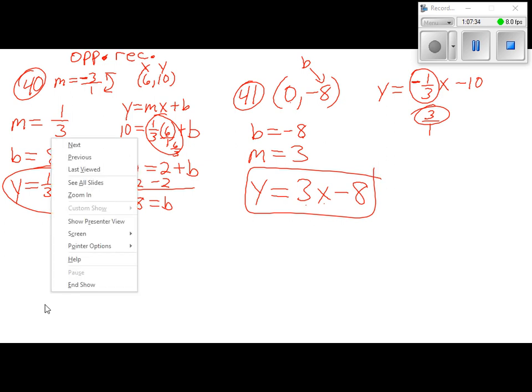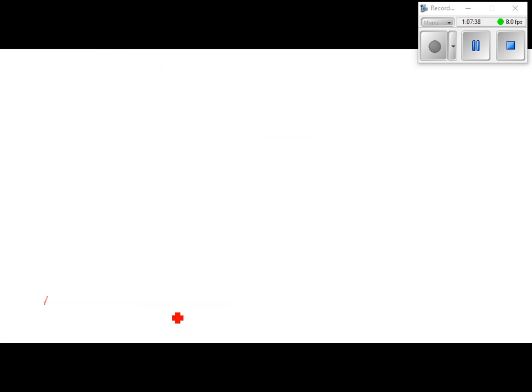Flipping over to the last page. 42. It's just in Word form, but it says the same kind of setup. Write an equation of a line passing through the point -1, 3 that is perpendicular to y equals 4x minus 7. So y equals 4x minus 7.